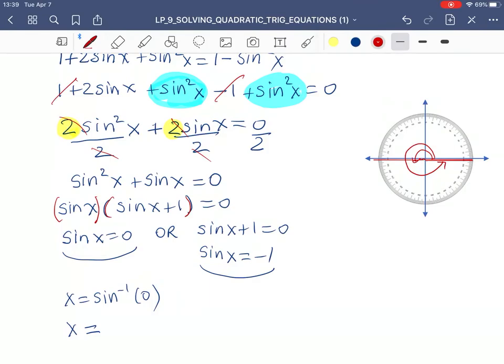So we derived 3 solutions from the first equation, and we got x equals 0 radians, or pi radians, or 2 pi radians. Okay, so I will highlight these answers.